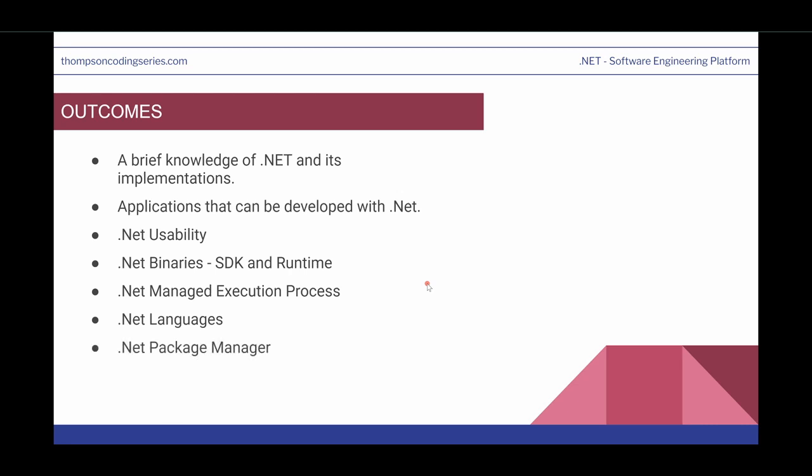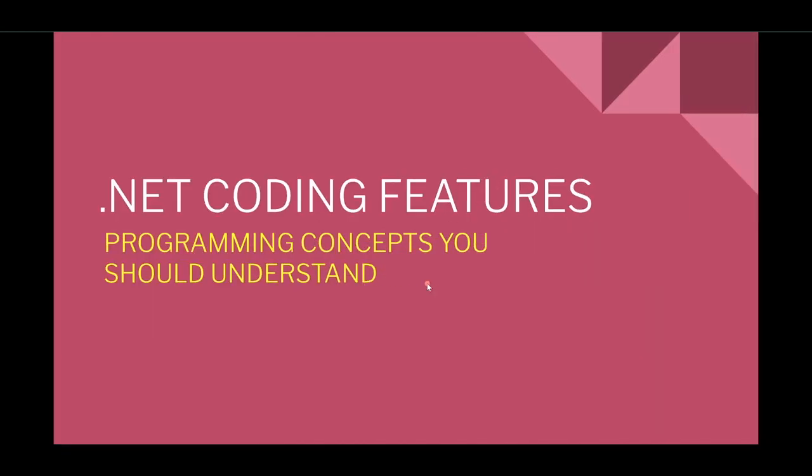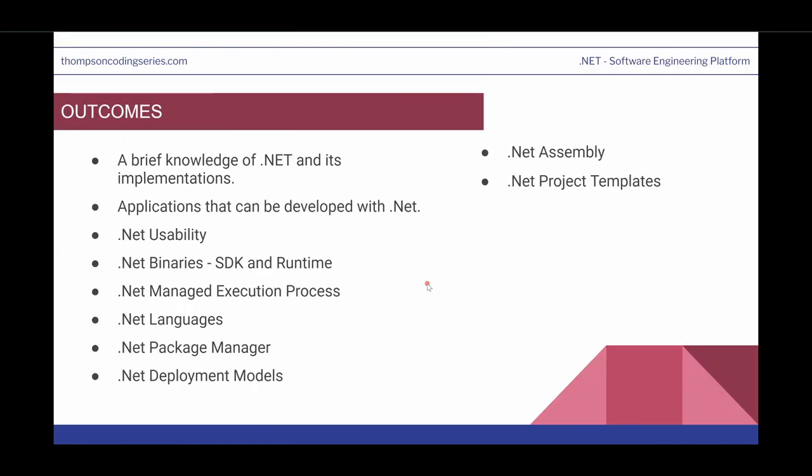We've talked about the .NET package manager, the library management tool for .NET, which is NuGet. We talked about the deployment models, self-contained deployment or framework-dependent deployment. We've talked about .NET assemblies, .NET project templates, and a whole bunch of features, and that's good.